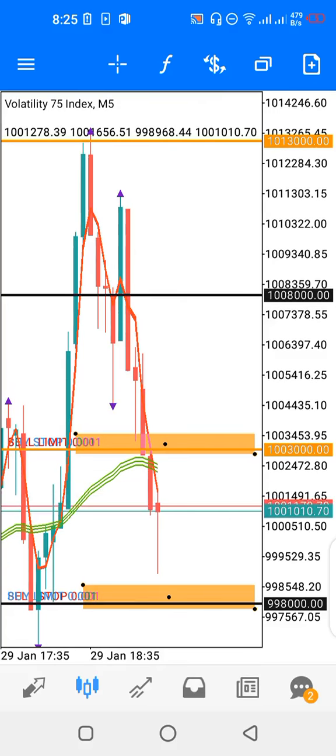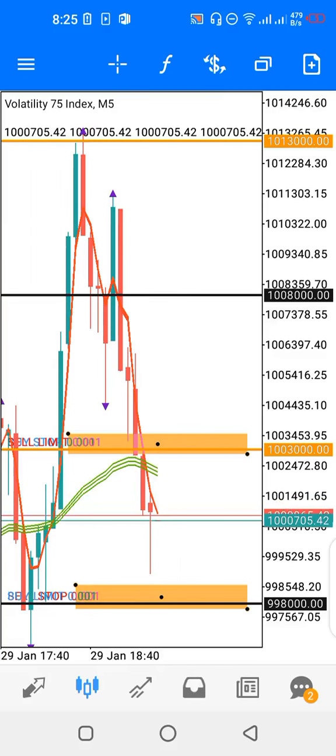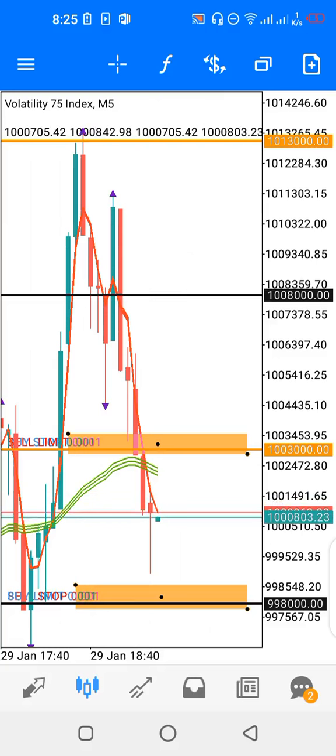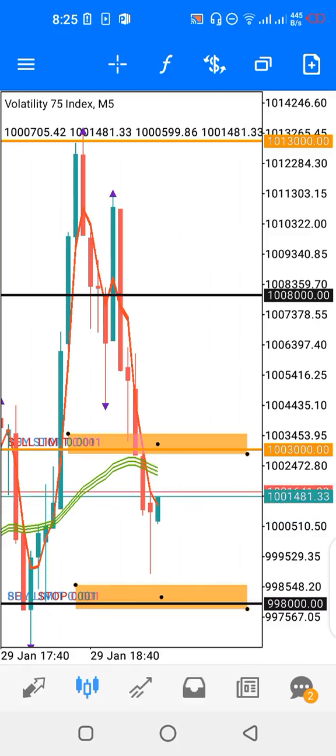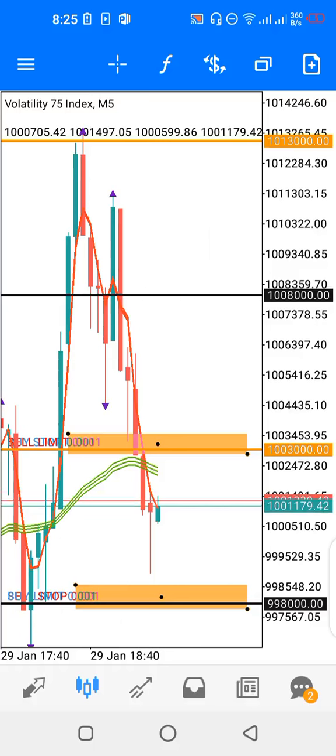Now, if the second hedge pending order gets triggered and I do not have break even, then I can go ahead and introduce the third hedge pending order, if I'm unable to decide which direction price will go.